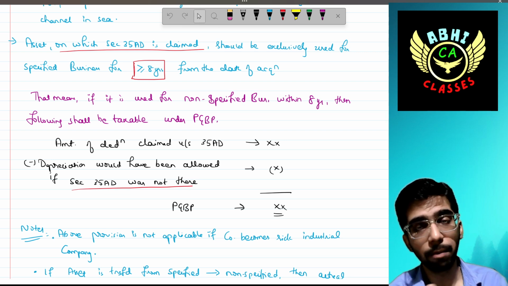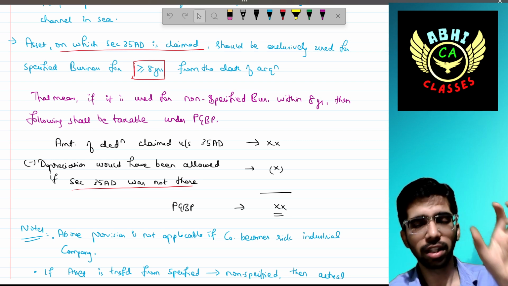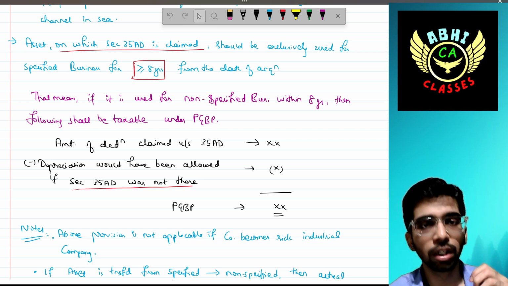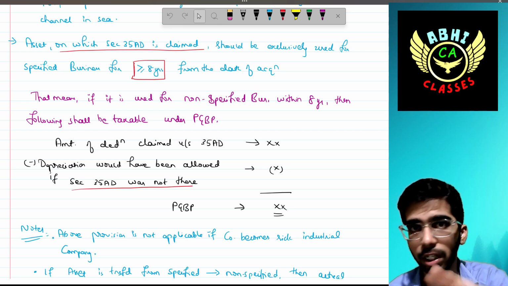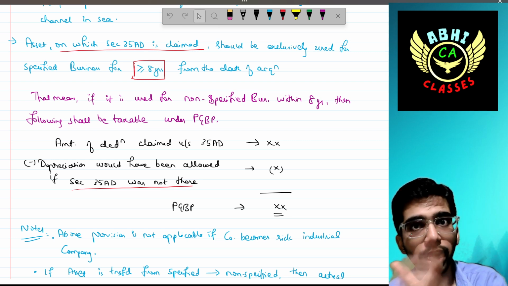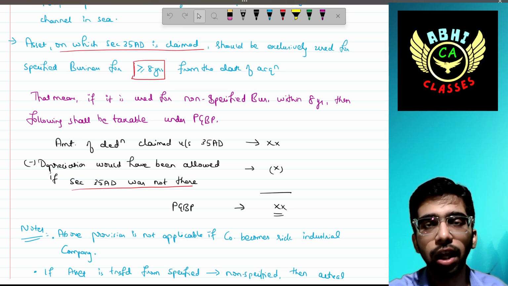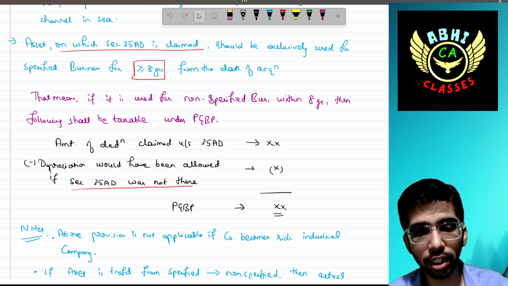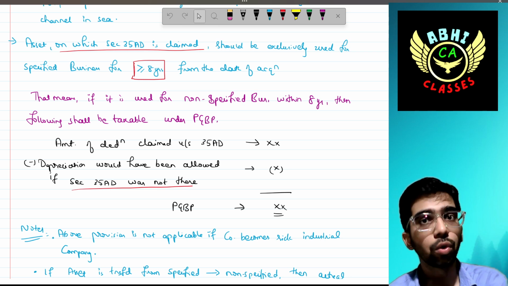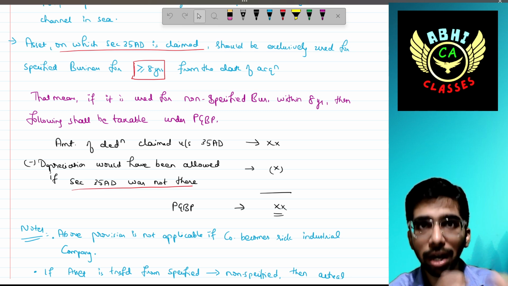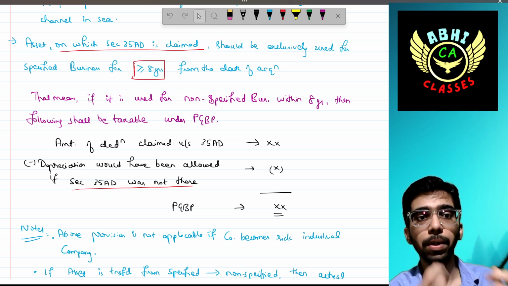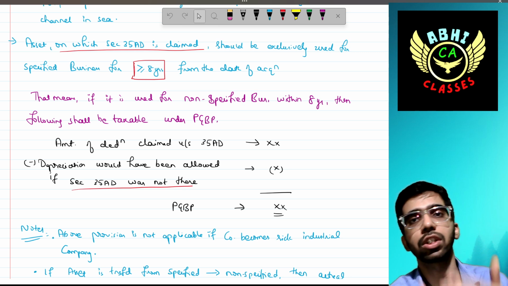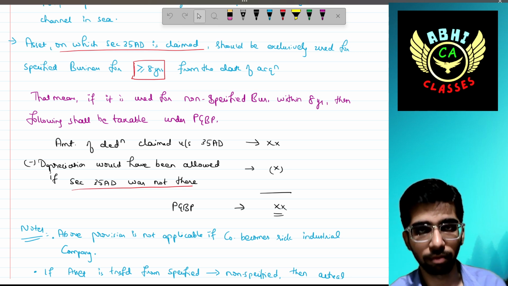The amount claimed as a deduction under Section 35AD, that's simply the cost of the asset. The cost of the asset, 100% deduction would be available. That you should take here. That will be added back as income to you if you are using it within 8 years for a non-specified business, minus the depreciation that would have been allowed if Section 35AD was not claimed.